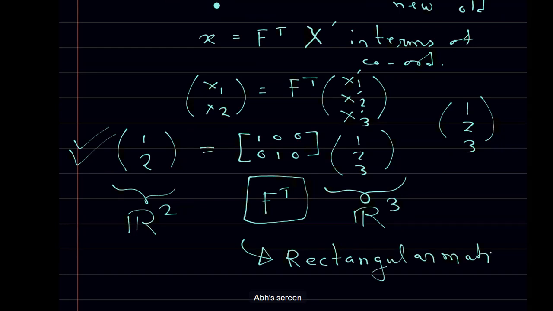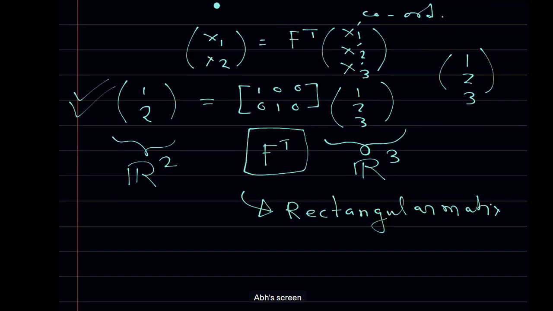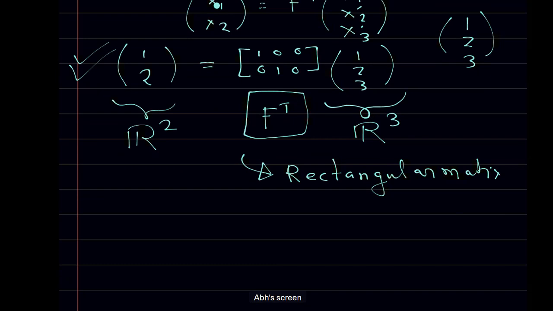Now, as an exercise, you can prove that it is a rectangular matrix by doing this. Remember when you did U_i prime is equal to A_ij U_j.